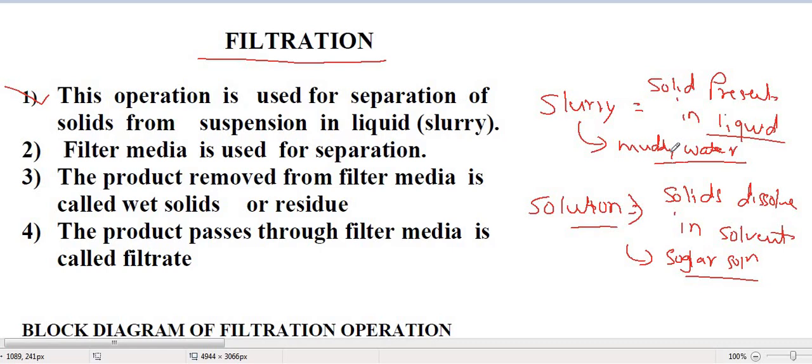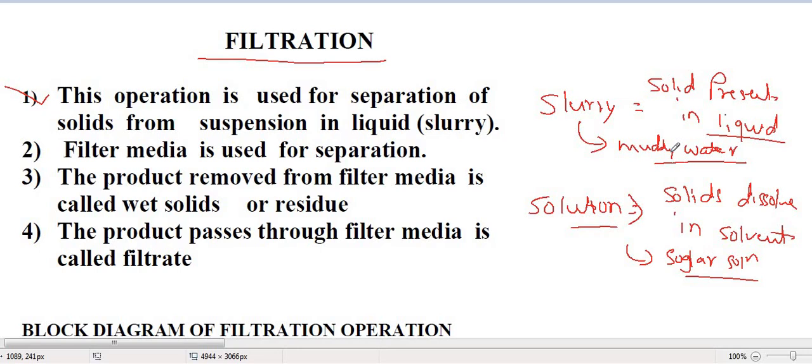So that is slurry. That means here solids not dissolved, but these are present in the liquid, that is called slurry. Okay, we have calcium carbonate slurry.